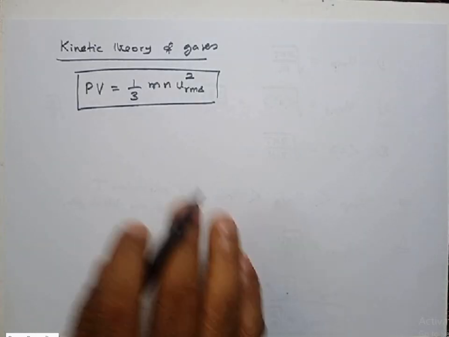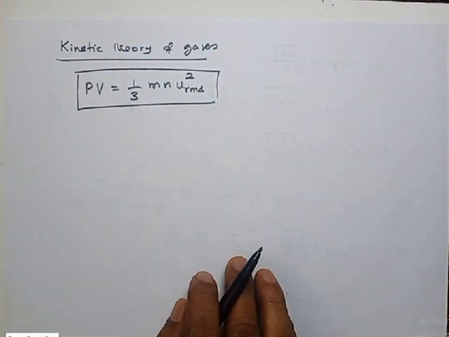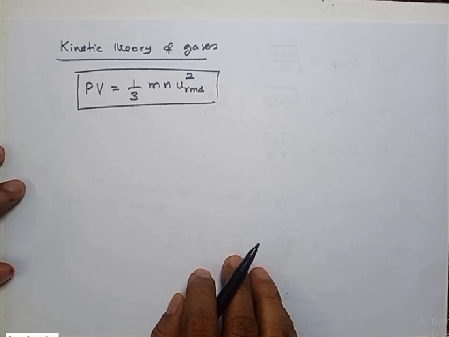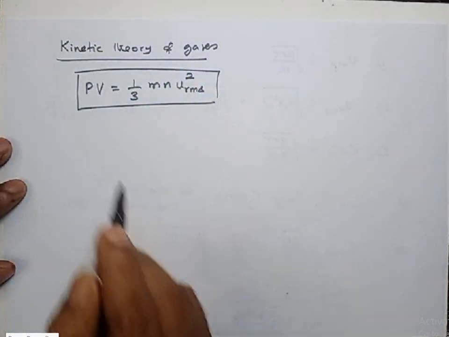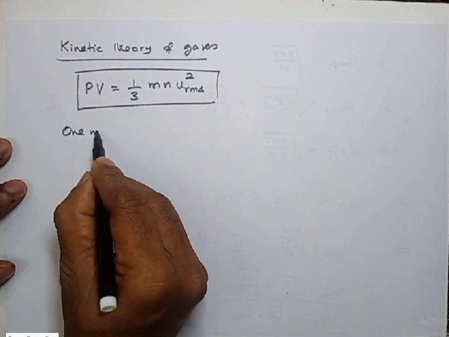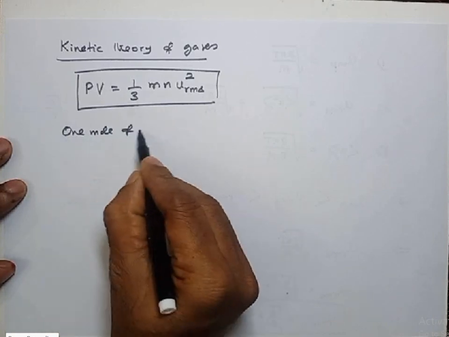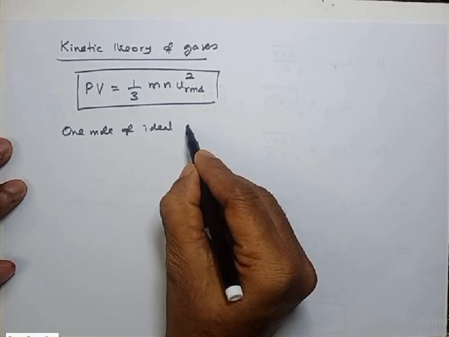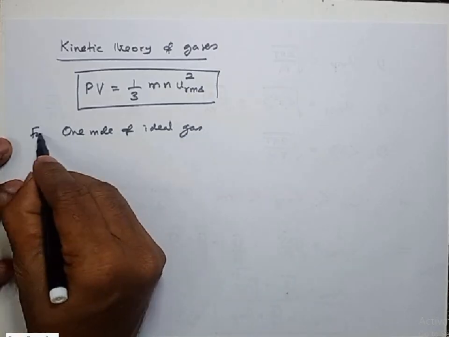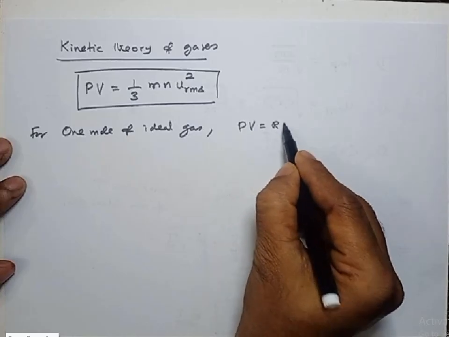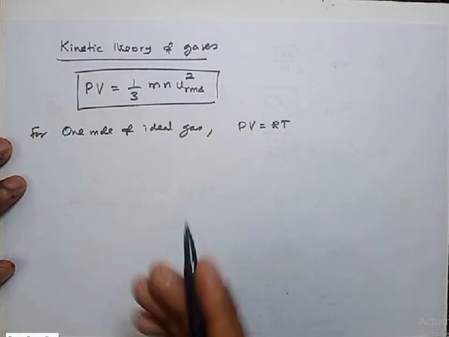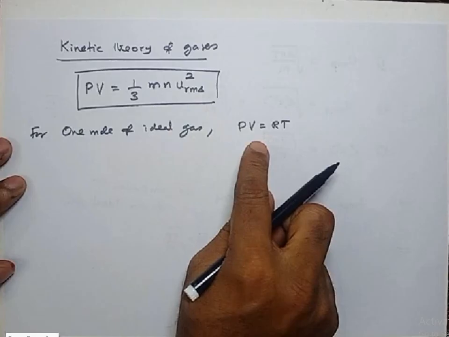I have told you this formula is applicable only for ideal gas. Suppose I take 1 mole of ideal gas. For 1 mole of ideal gas, you know very well PV is equal to RT. This is the ideal gas equation.